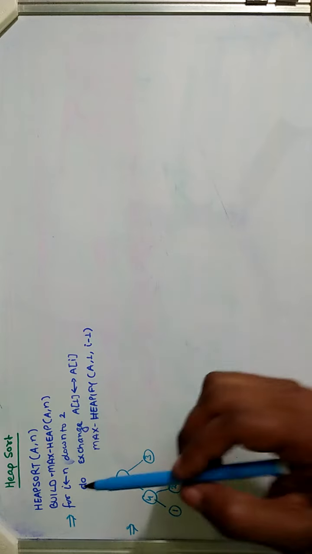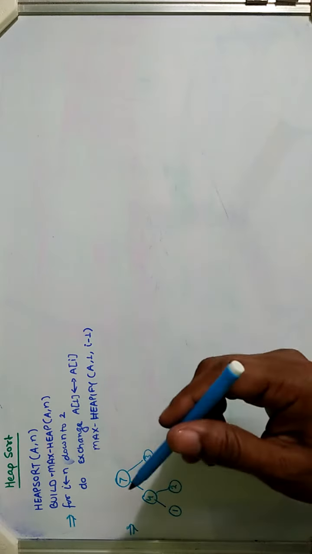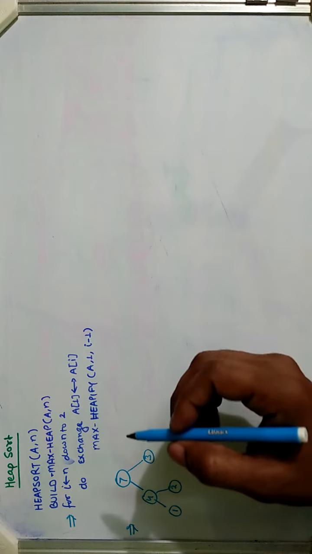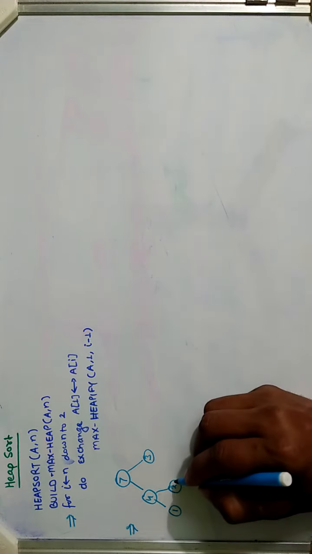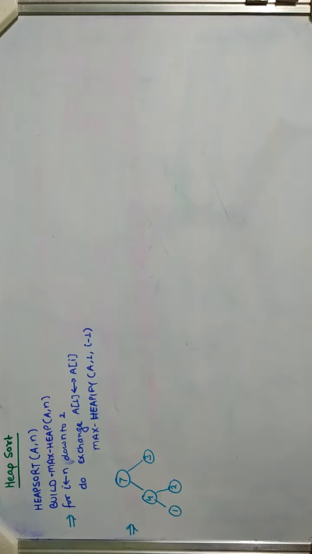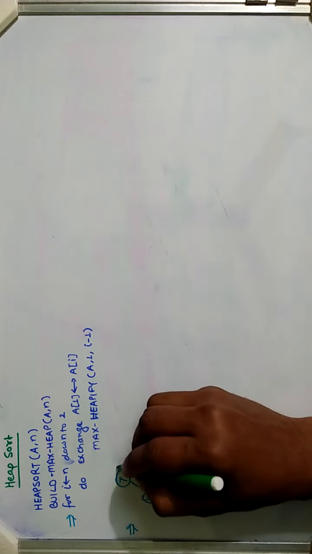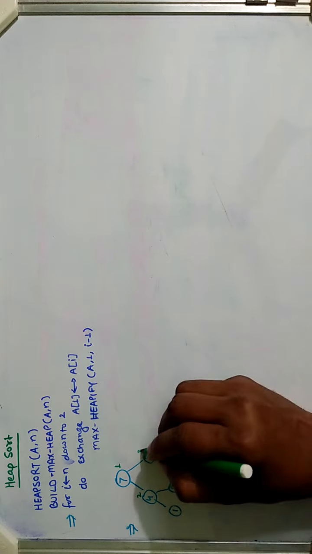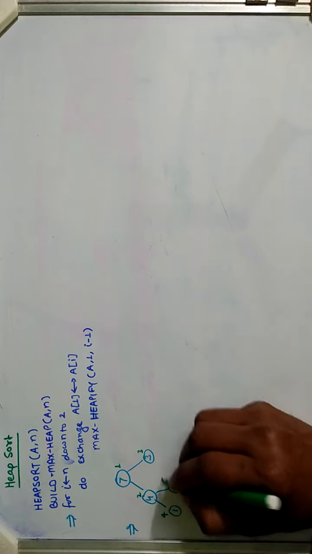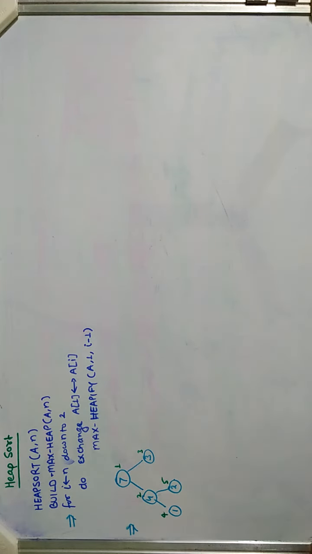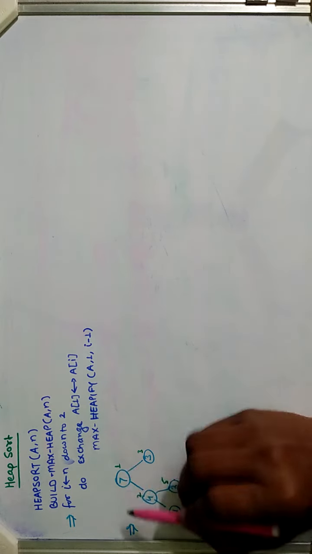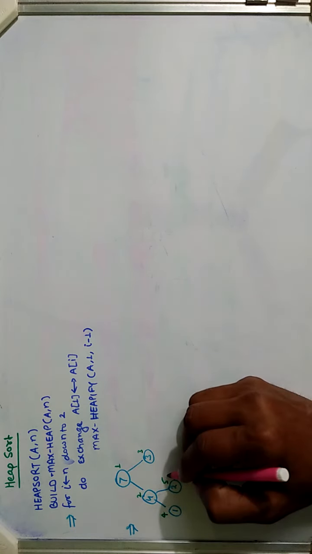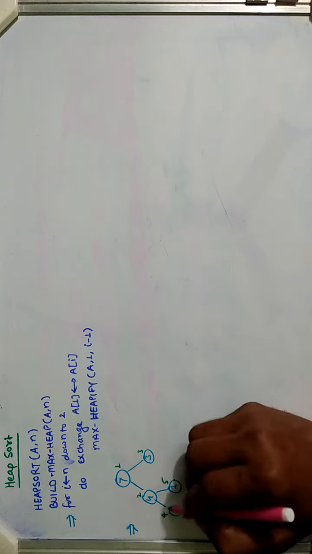Initially i equals n, so the pointer is here, and i just gives the index value in the complete binary tree. So these are positions 1, 2, 3, 4 and 5. So i is equal to 5, and the loop goes 5, 4, 3, 2, 1.